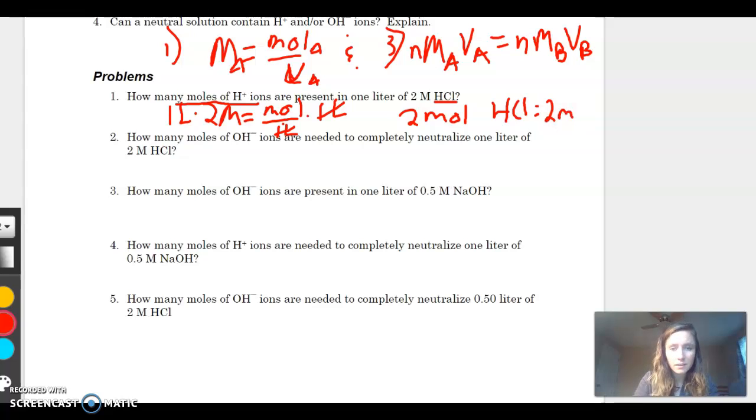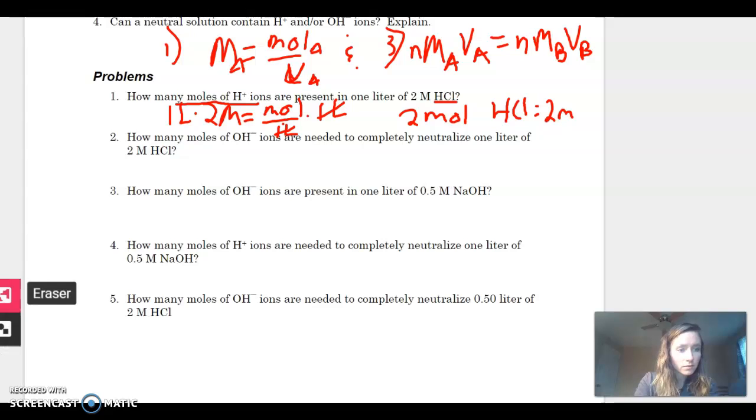So you could just say 2 moles of HCl. So that is our answer for 1. So again, we used this equation because it was only dealing with the acid or only dealing with a base, not both, just one. We'll use equation 3 when we have multiple things to deal with.